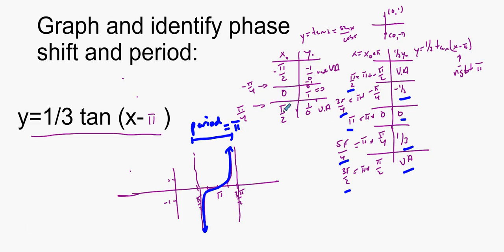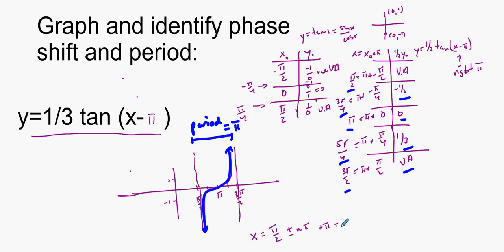If you want to figure out the vertical asymptotes over here, same thing. Originally, they're pi over 2 plus and minus n pi. What we did was we add a pi to this. So when we add our 1 pi, we add it to this one.